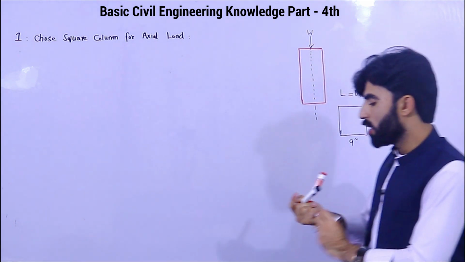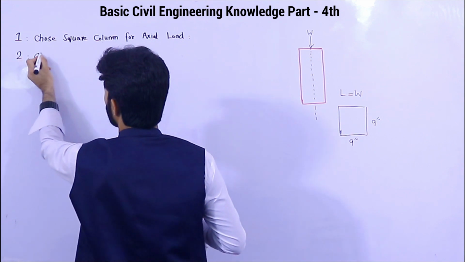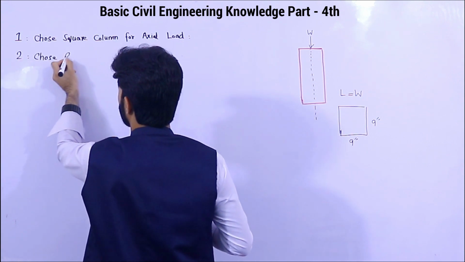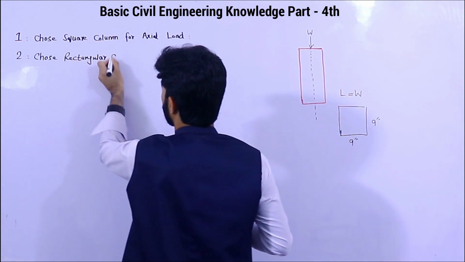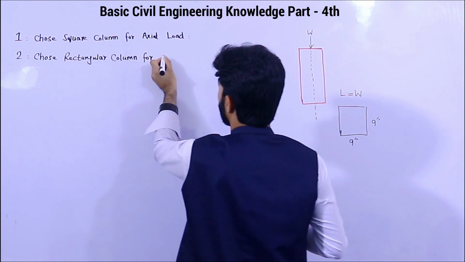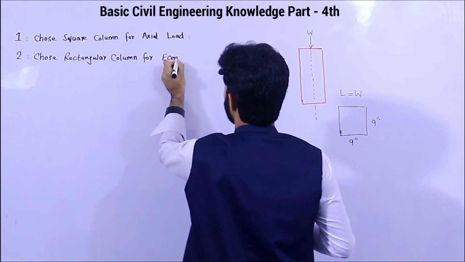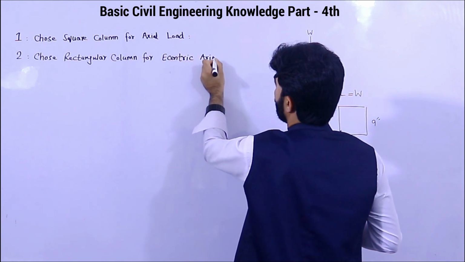The second one is rectangular column. Choose rectangular column for eccentric axial load.